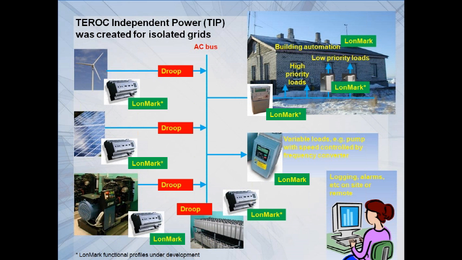TIP has a distributed control system, and you can see that in this case there are controllers for the wind turbine, for the solar system, for the gensets, and for the energy storage. However, notice that in the upper right-hand corner you also have smart electricity meter and load controllers.